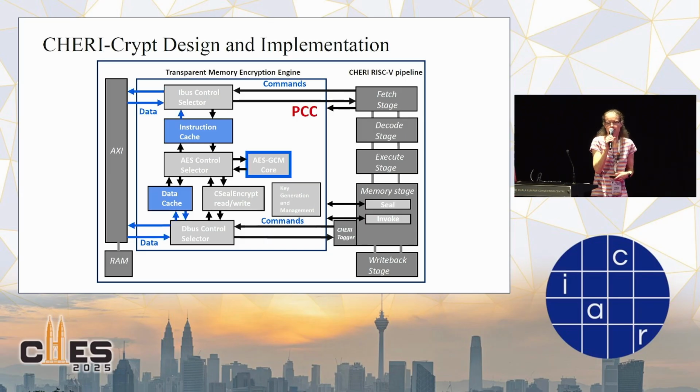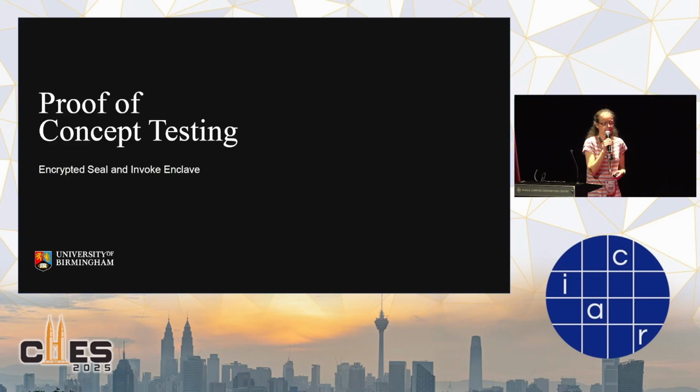If they are within the bounds of the current enclave, then they will extract data from the memory, decrypt it, and load it into the caches to be used as and when required. And this continues until the program counter goes outside the bounds of the enclave memory. So that's an outline of the design.